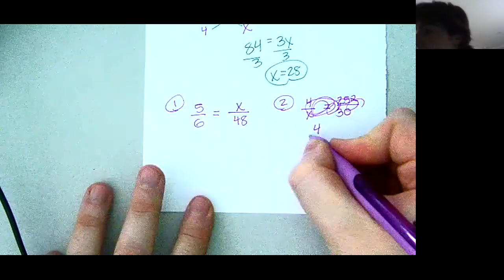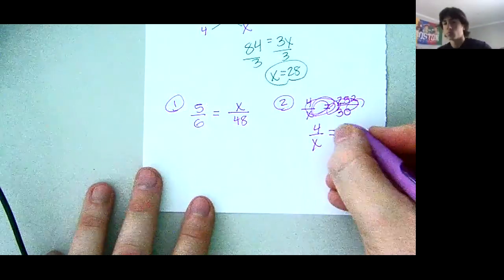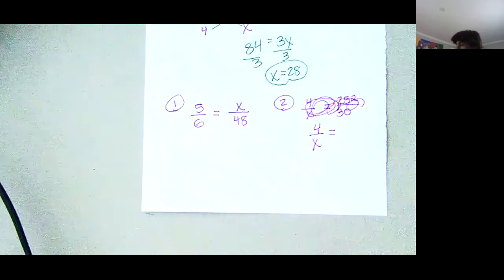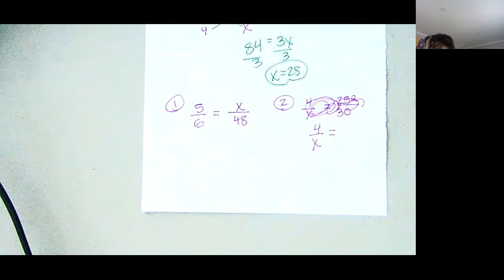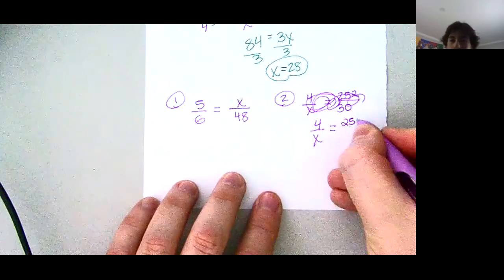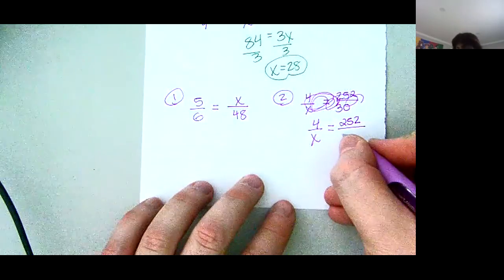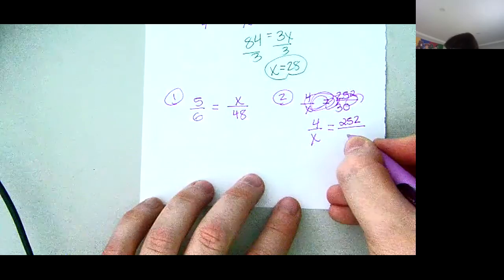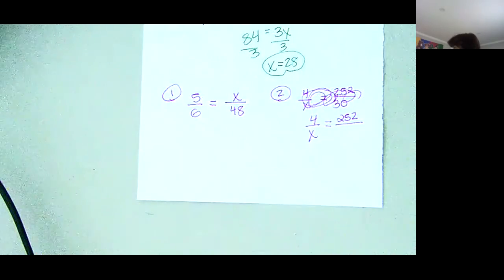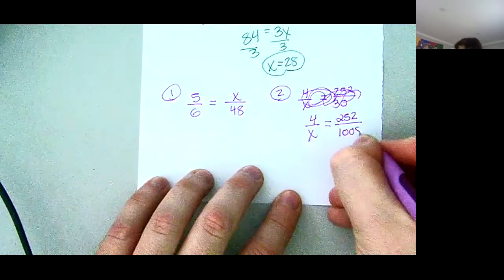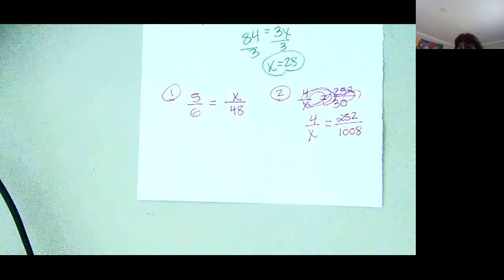Hold on. 4 over x equals, I know what I need to do. No, that's still not going to work. You know, let's just say this and see what happens. I think that will work. Okay, solve both of those.